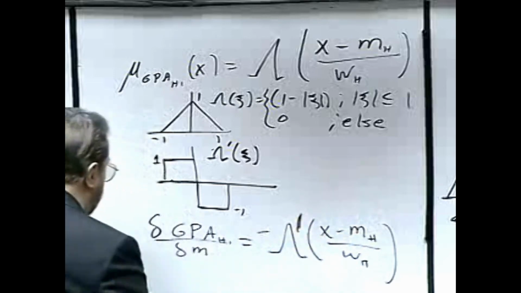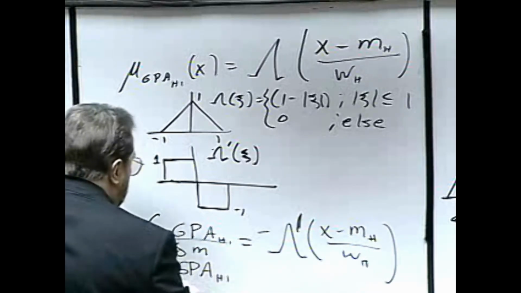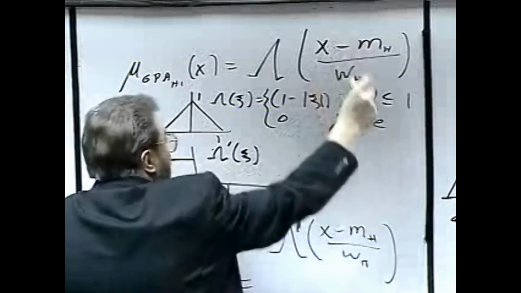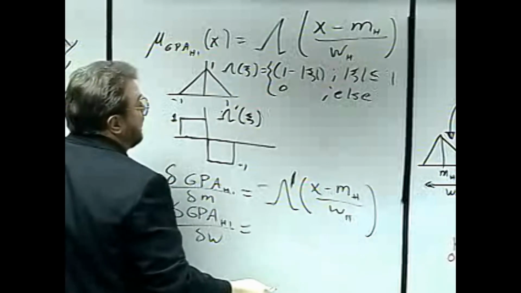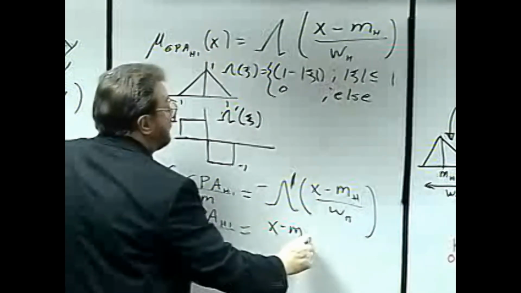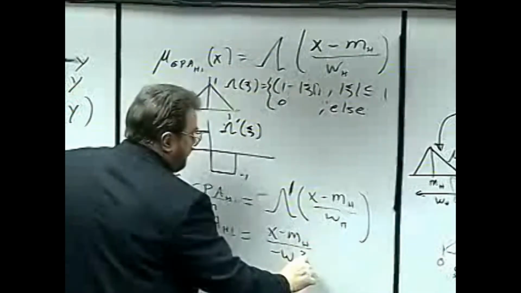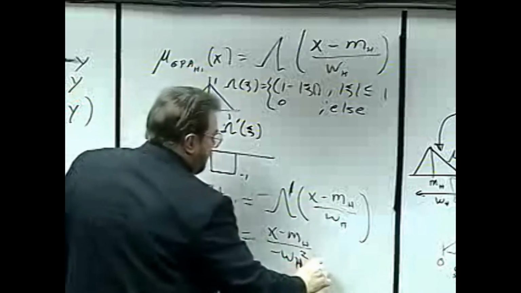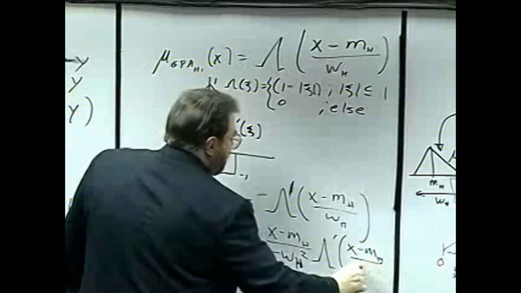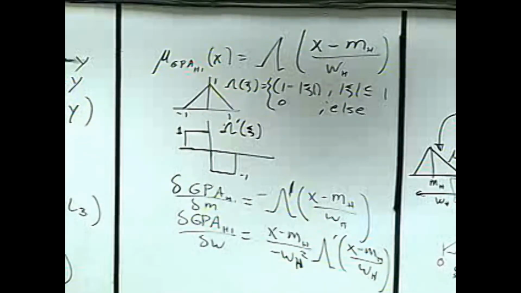And then we get the width as the derivative of this with respect to the width. It looks like an x minus mh over minus wh squared. Is that right? So we do that also.